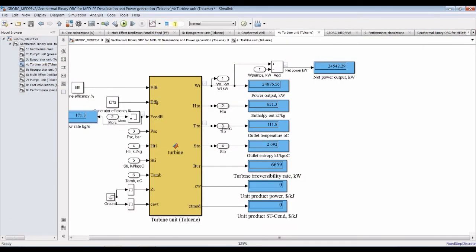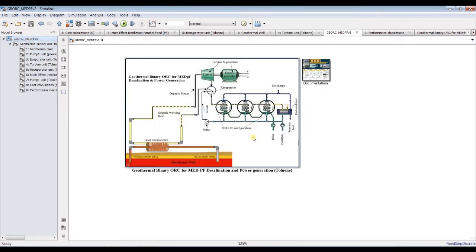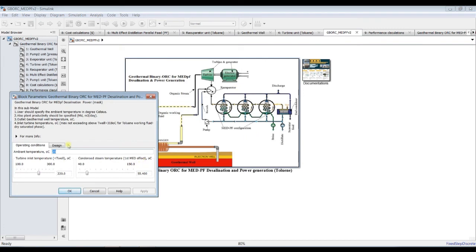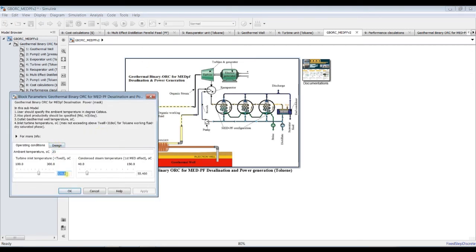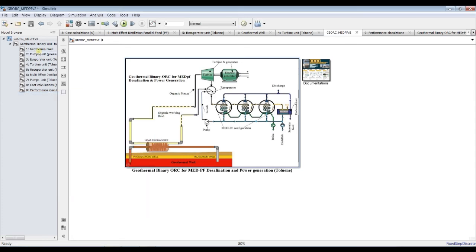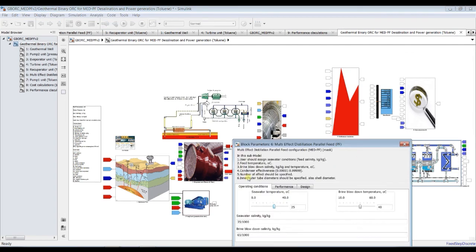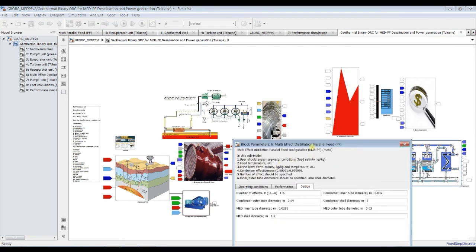Suppose I'm going for one run. I'm going for 200 inlet temperature to the turbine unit, and 65 condensed steam through the first effect, and 6 effects.